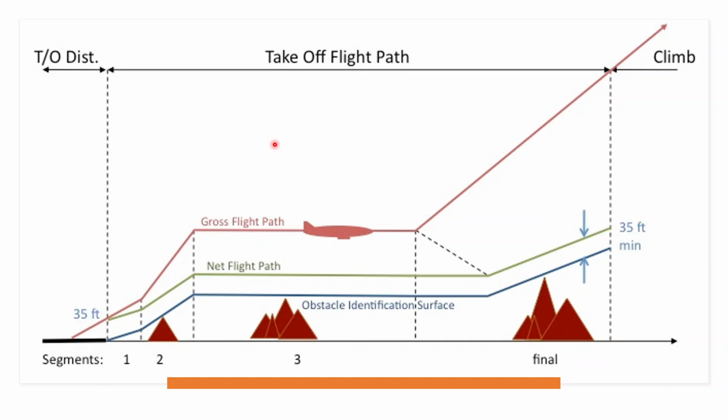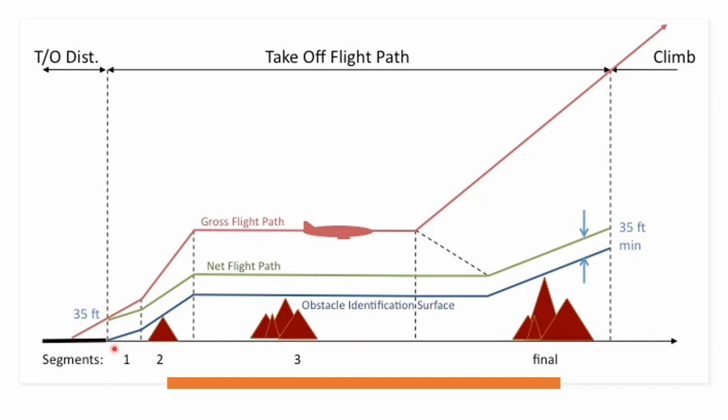Here for the takeoff flight path, you might maybe already know this, but maybe not. The takeoff flight path is split in 4 segments, segment 1, 2, 3, and 4. And all those segments have some restriction, some mandatory performance for an aircraft, depending on the type and the number of engines it has.